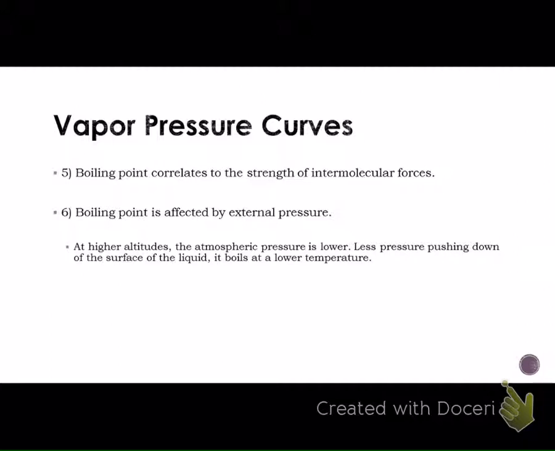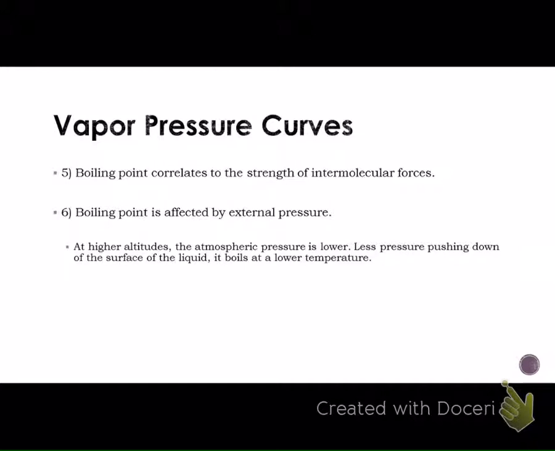And again, the last factor that decides when a material will boil is the external pressure. So when you go to a higher altitude, like what you find in the mountains, you have lower atmospheric pressure. Because again, the atmosphere is basically exerting a weight down on us. So the higher you go up in elevation, you have less atmosphere pushing down on you. So you have less pressure, and so that lowers the pressure needed for something to boil.